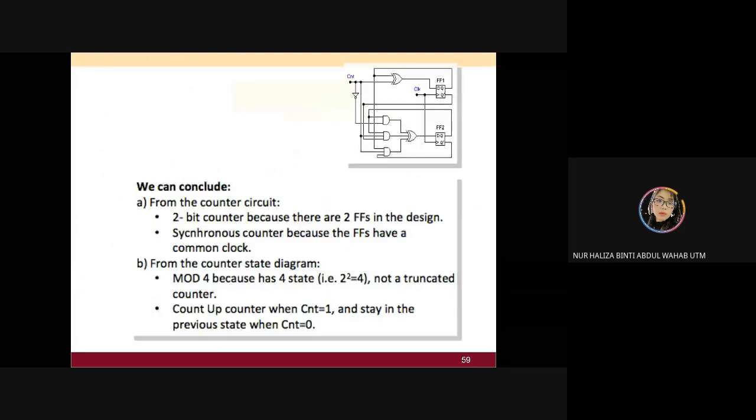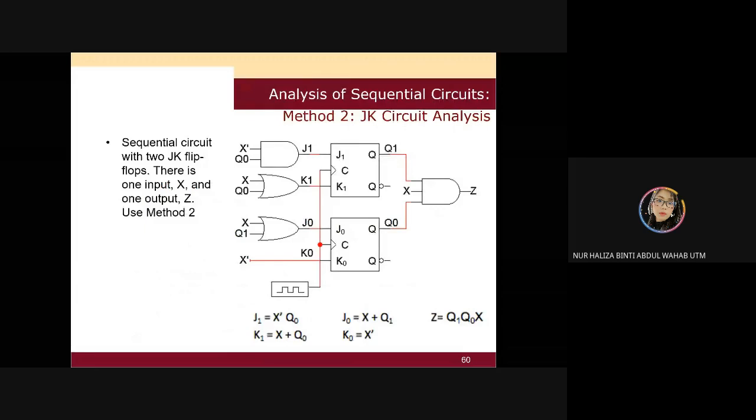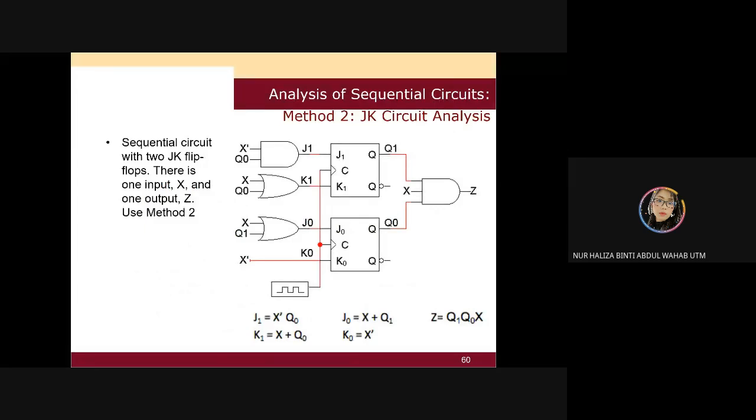Next, there is another example. Another example is your JK circuit analysis. For this example, we call it method 2. You also have to find out J1, J0, and we have the inputs K1, K0.